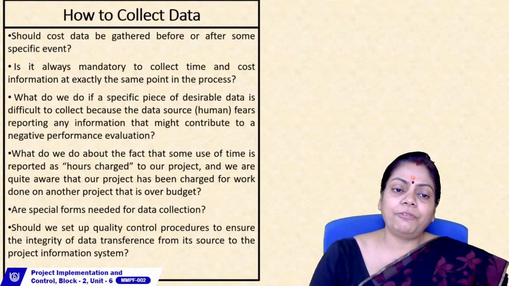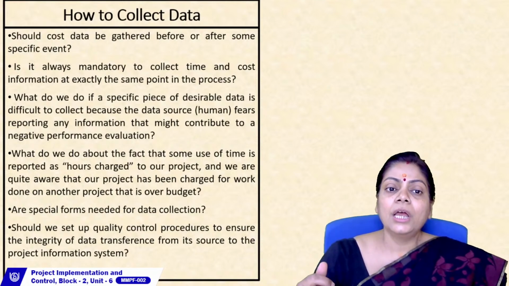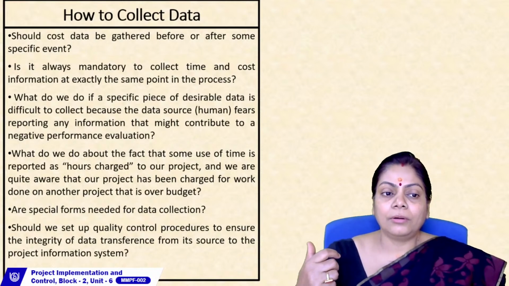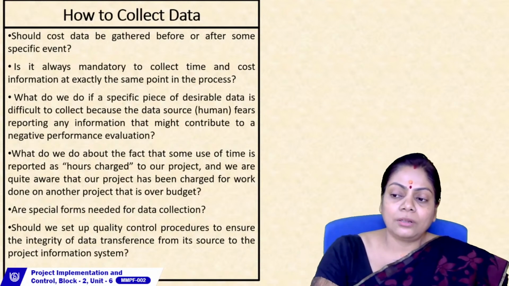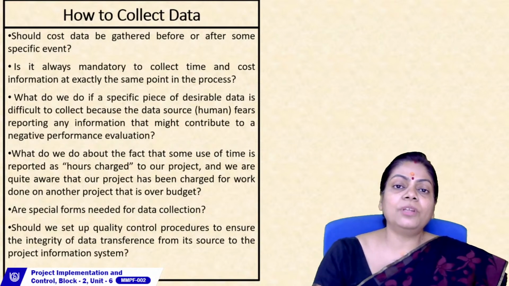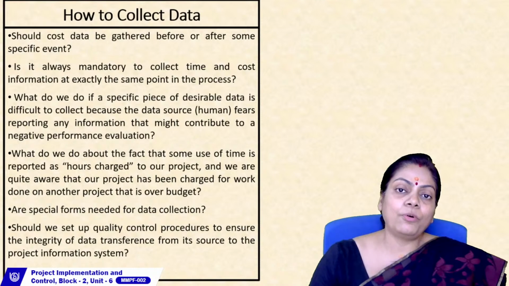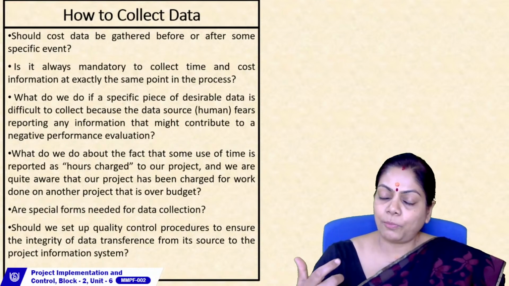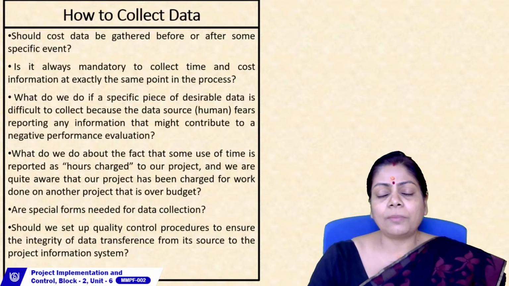What will you do if a specific piece of data that you want to collect, many people have a fear of reporting, simply because suppose you have a team member who is doing something which is not in the best interest of the team, but many times people will not report it simply because the entire team might get a negative performance evaluation. This is about the human factor.